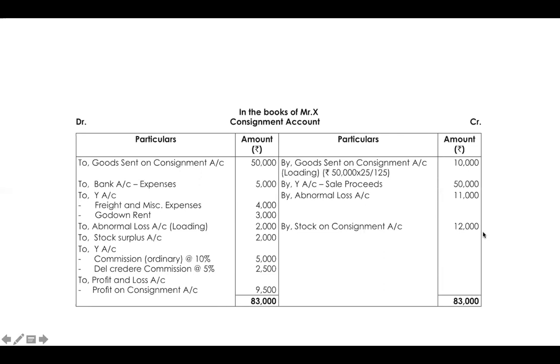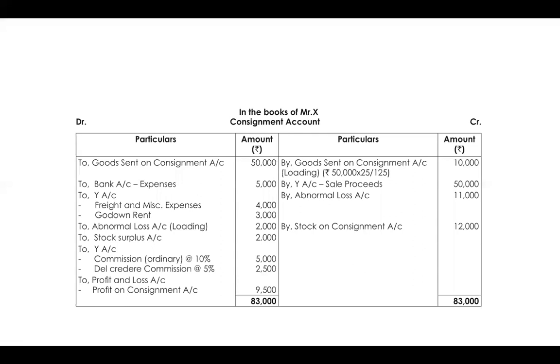12,000. Now, there is one addition that you see, 10,000. What is this? By goods sent on consignment account, 10,000. And what is this? To goods sent on consignment account is 50,000. And in this 50,000, 10,000 is profit loaded.